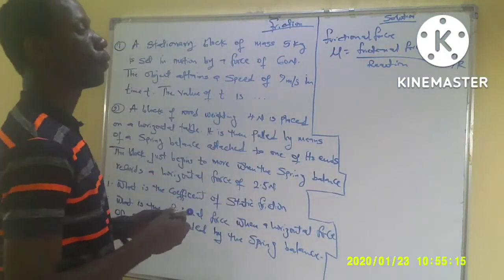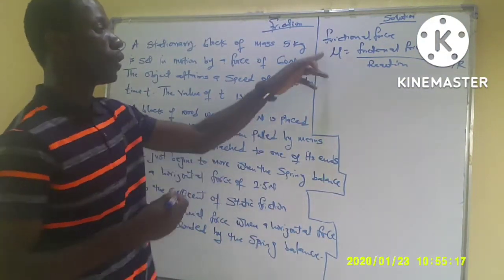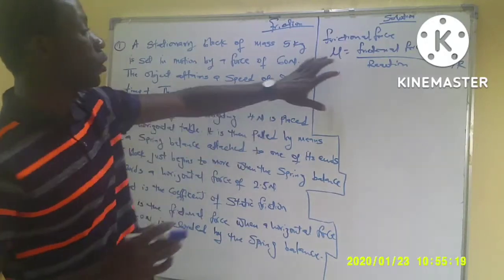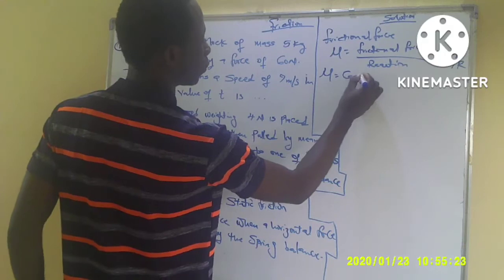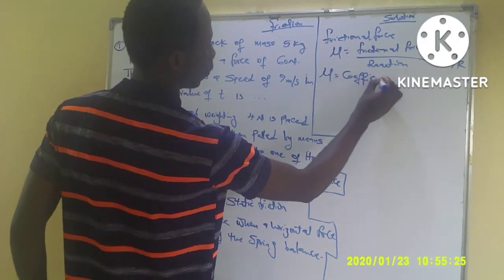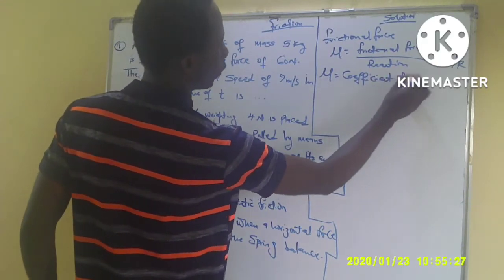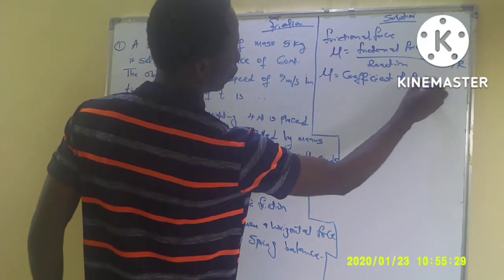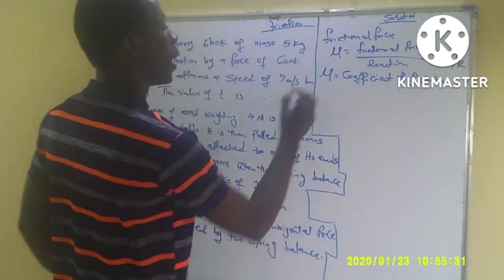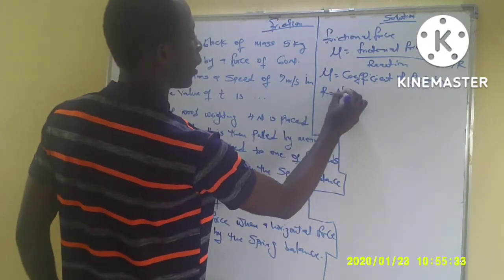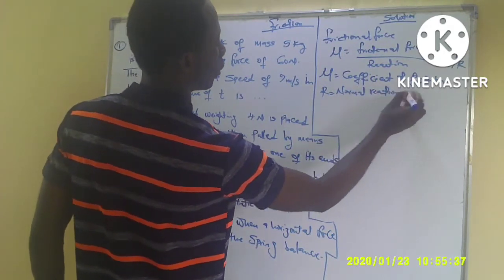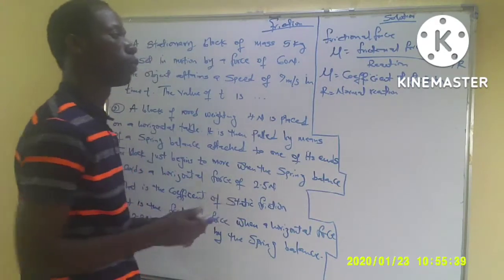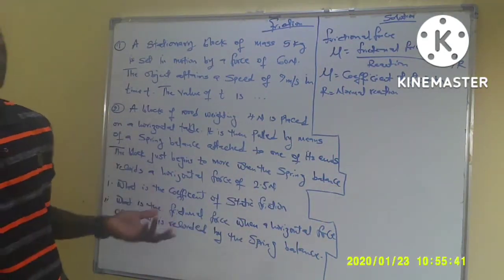F is the frictional force, mu is the coefficient of friction, and R is the normal reaction. So that's the formula. And friction has examples.